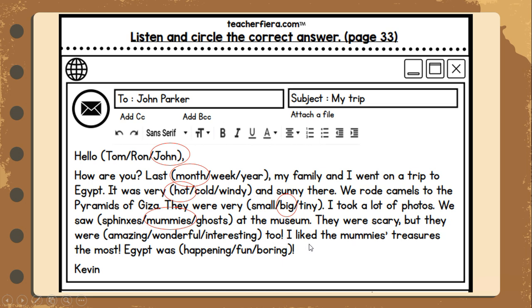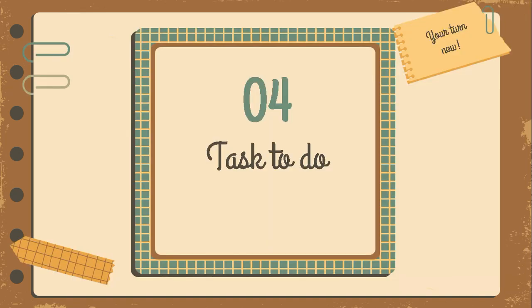That's right, the answer is interesting. I like the mummy's treasures the most. Egypt was happening, fun, boring. So which one is the answer? Yes, the answer is fun. Excellent, everyone. I hope you got all the answers right. Now, let's move on to the next activity.